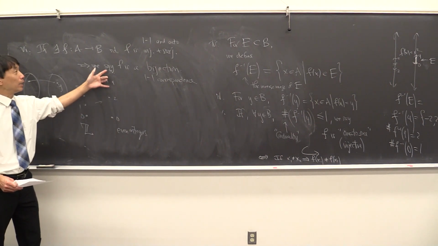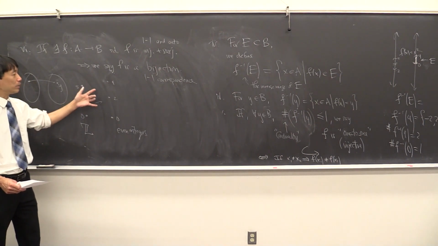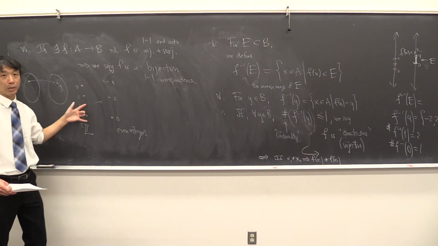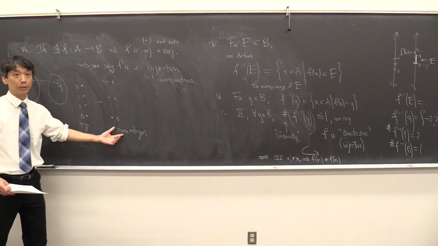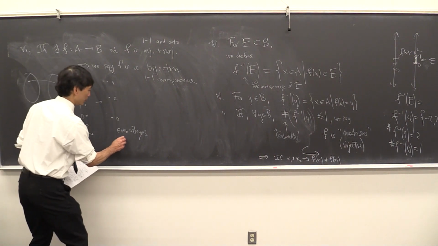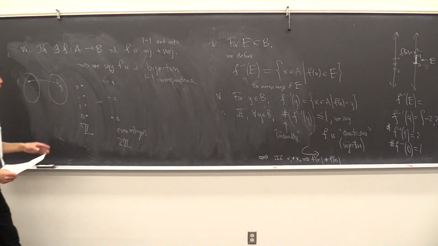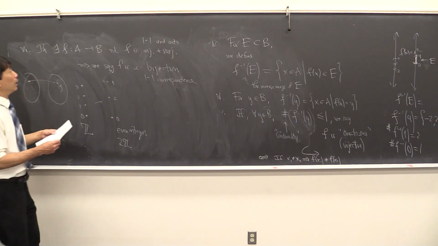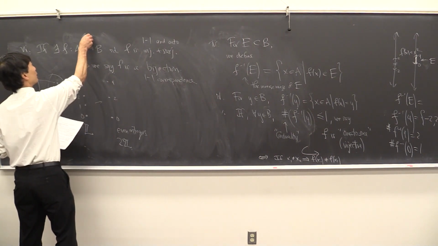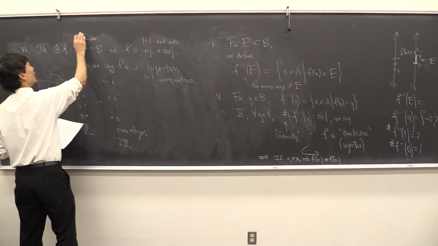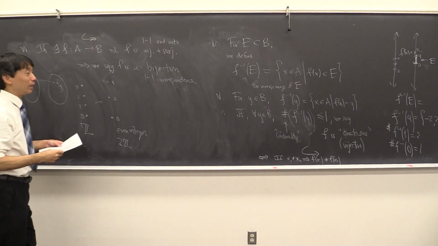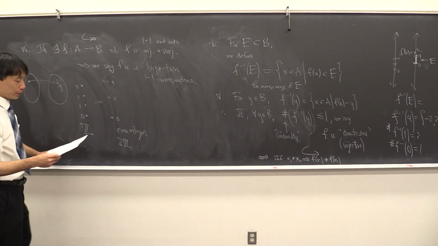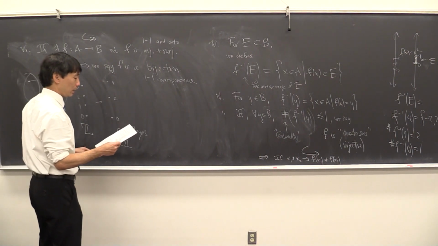That map is injective and surjective, so there's a one-to-one correspondence between the integers and the even integers. If it's injective and surjective, then you call it a bijection or a one-to-one correspondence.